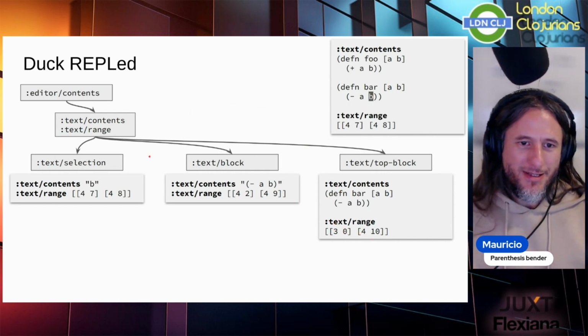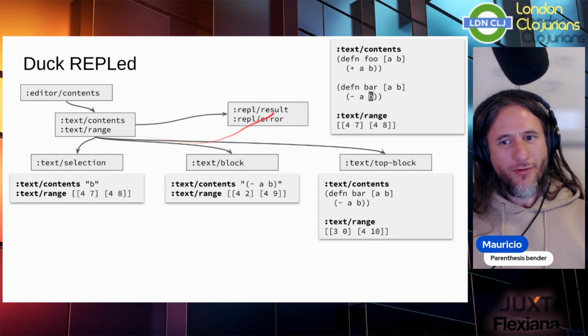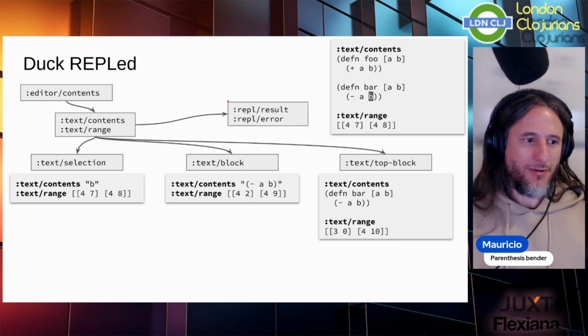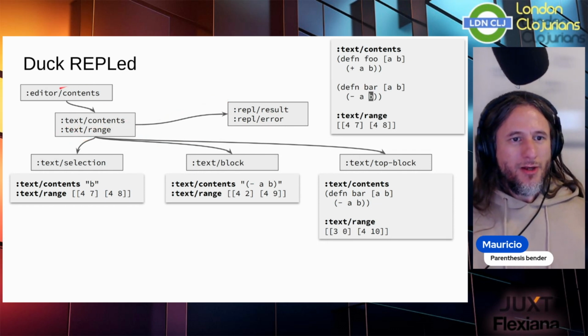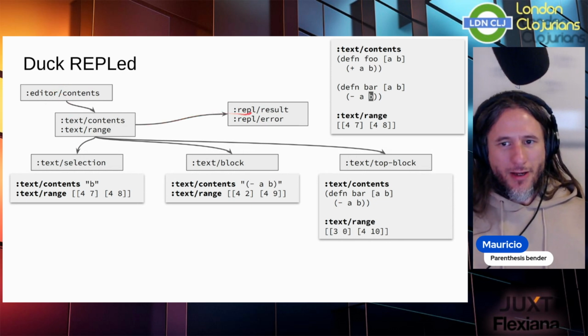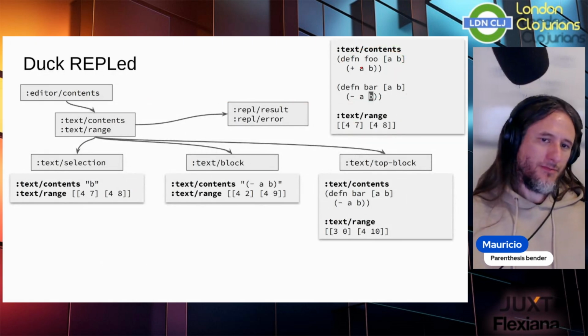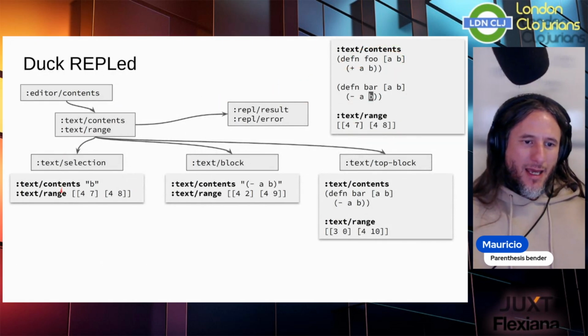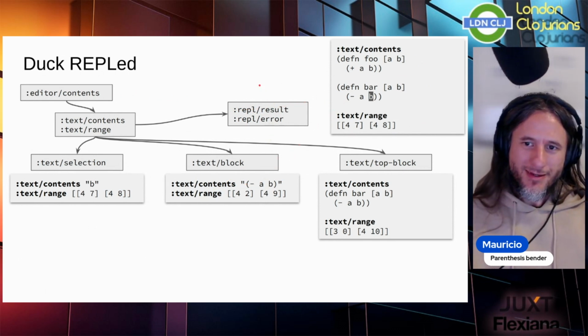But the interesting part is that text contents can also be the input of a REPL result or a REPL error. So I can evaluate something if I have text contents and text range. Supposing I get the editor contents and I want the REPL result for the editor contents, it will evaluate the whole text editor. If I have a text block and I want the REPL result, it will try to evaluate that block, and so on.